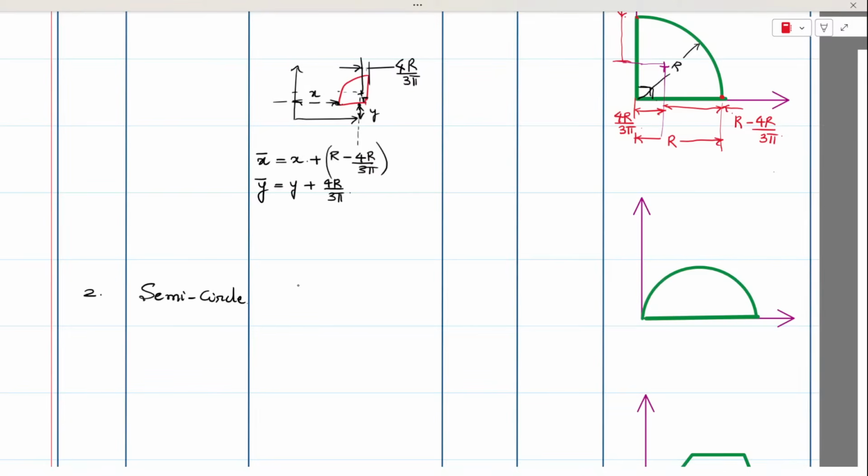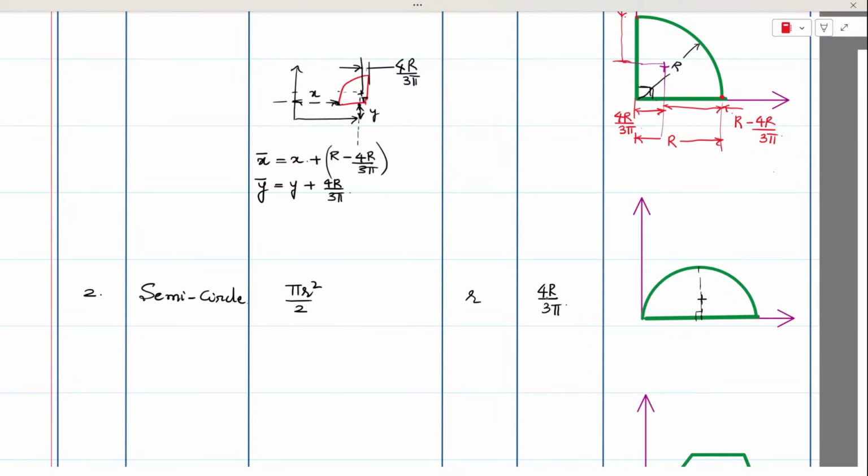So the area of the semicircle is pi r square by 2, and the x coordinate will be straight away r, and the y coordinate, since we are going from the diameter or the base of the quarter circle, that's where the right angle vertex of the quarter circle can be located, and from there the distance would be 4r by 3 pi.